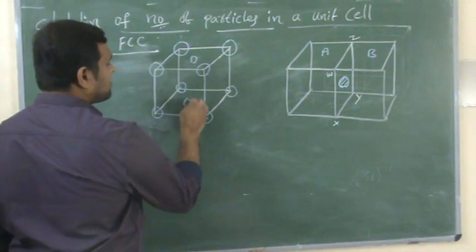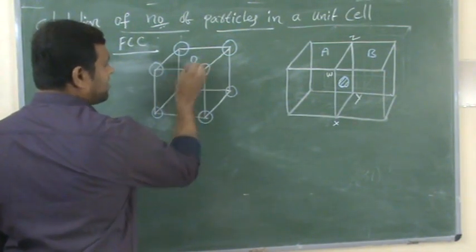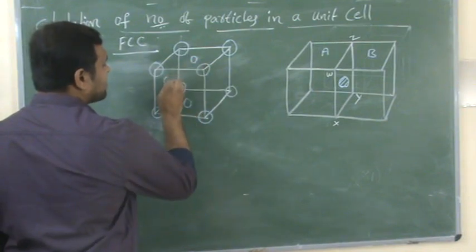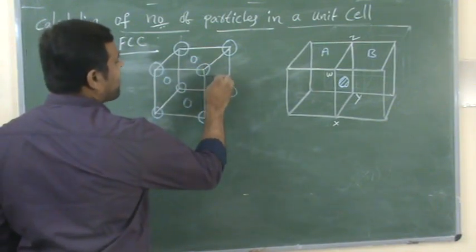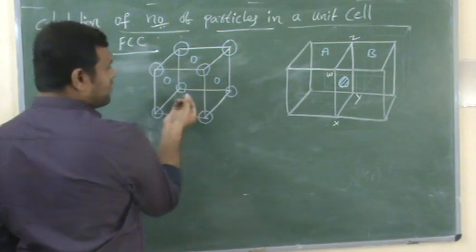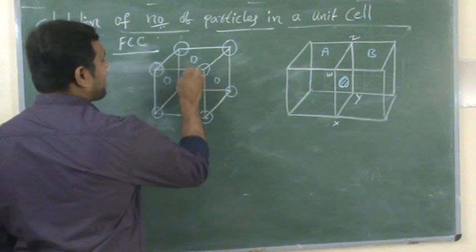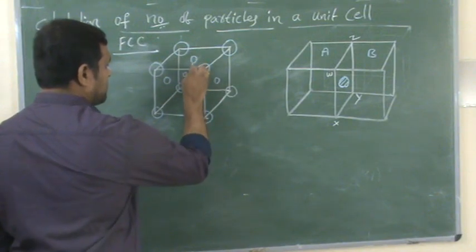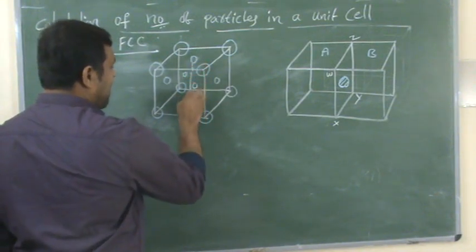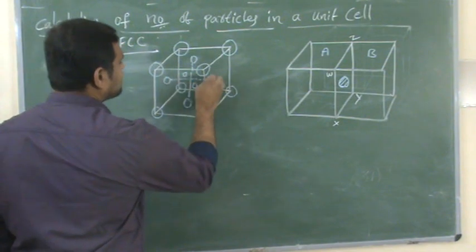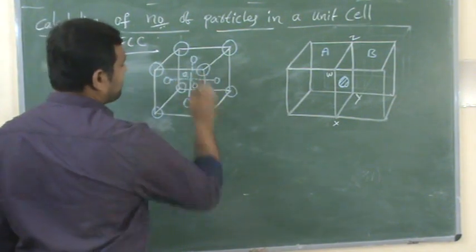So how many faces? 6 faces. Top and bottom, left and right, front and back. So totally, how many particles at face centers? 6 particles at face centers.